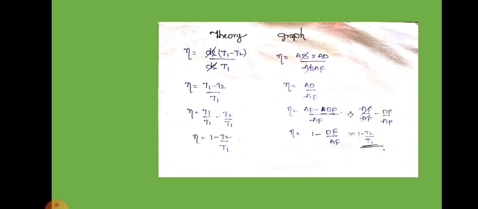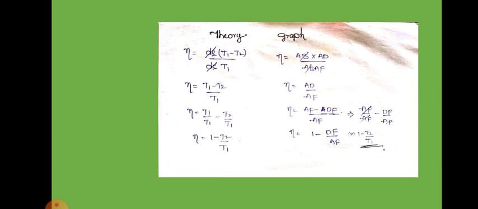Very important one, the TS diagram. As we can see in the diagram, by taking temperature on the y-axis and entropy on the x-axis, if we plot a graph, that is called the TS diagram.